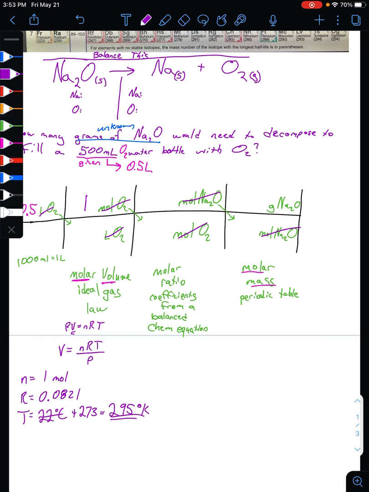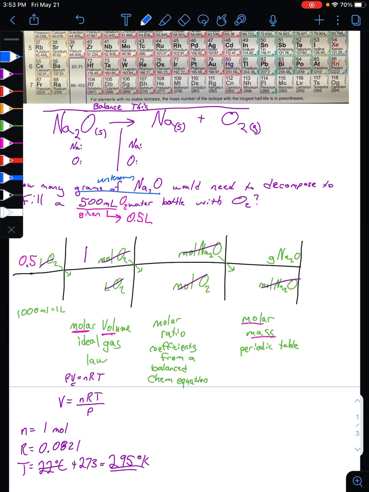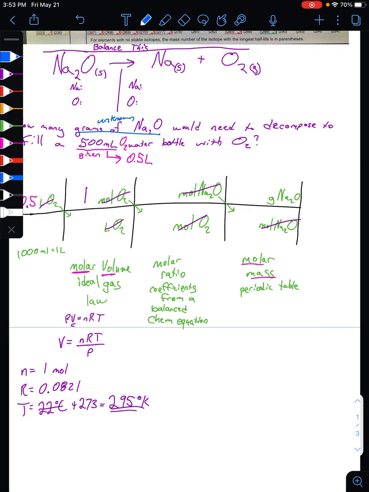Atmospheric pressure-wise, it's like 1.01 atmospheres or something ridiculous like that. I've been keeping these simple, just like I did for you in the problem, and say that pressure, I don't know why I switched to blue, pressure equals 1 ATM, 1 atmosphere.